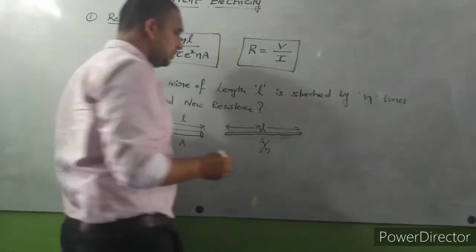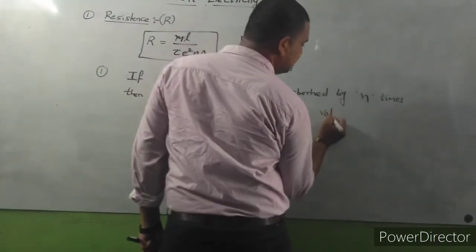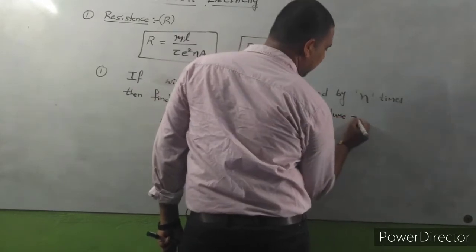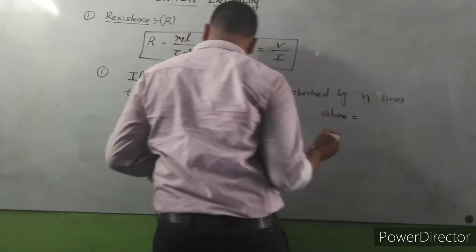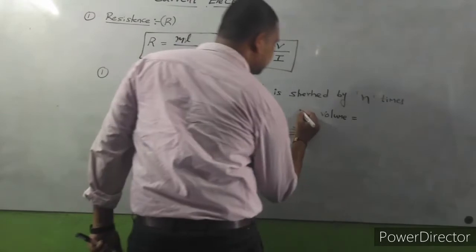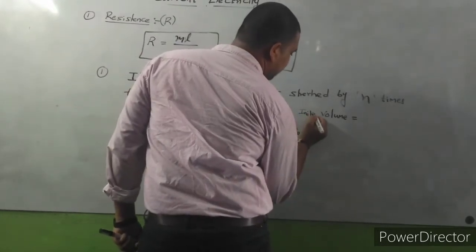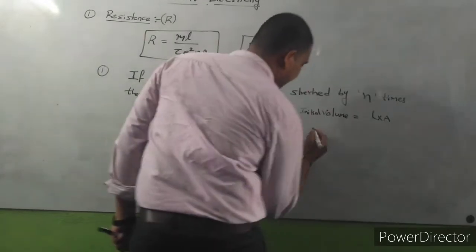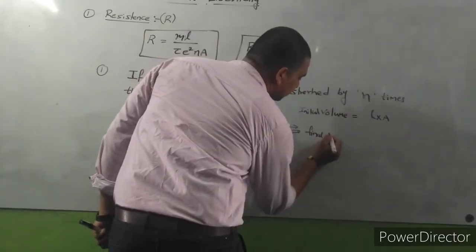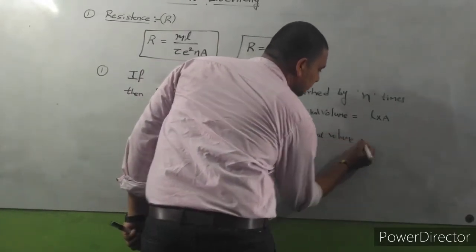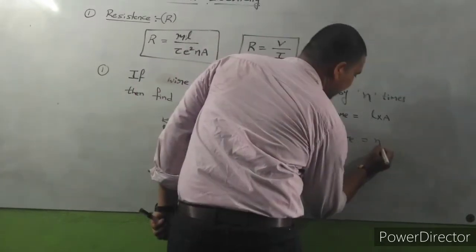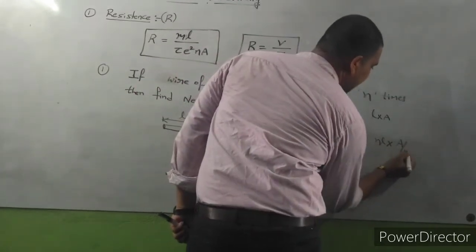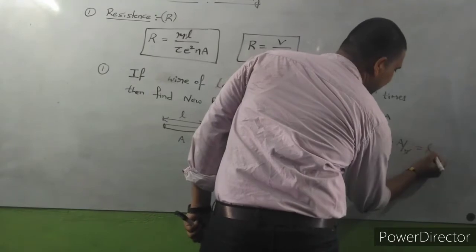That means finally the volume is constant. Initial volume is L into A, and the final volume is nL into A by n. Here also we got L into A.